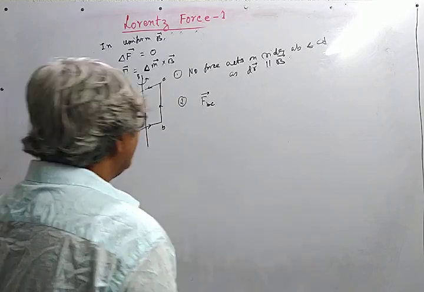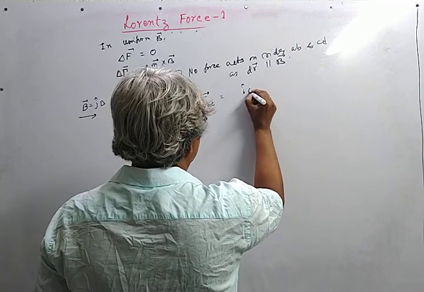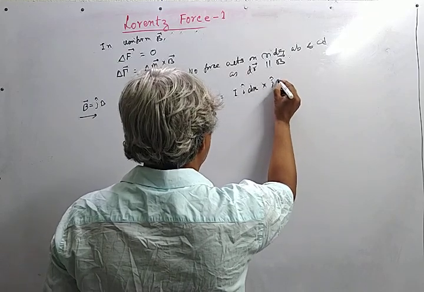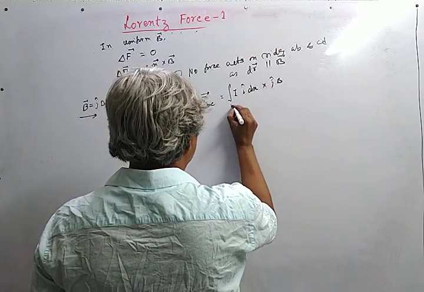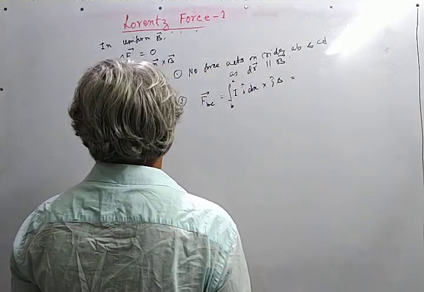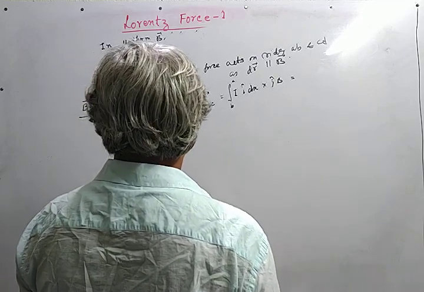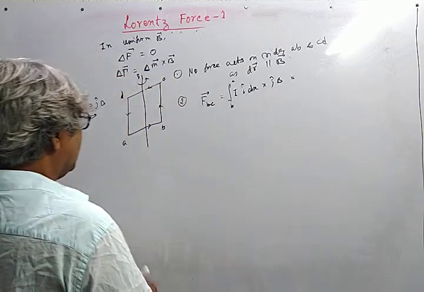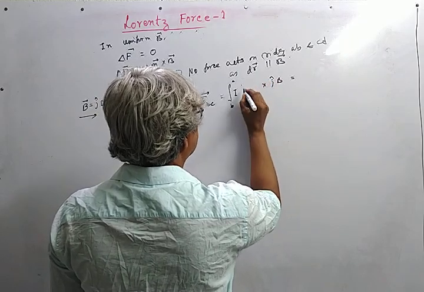If we assume it to be uniform, then this is the integral of I i cap dx cross j cap B over B to C. This side is parallel to k cap, I have made a mistake.